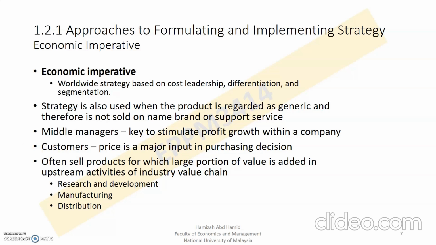Basically, these activities are likely to cost more for the company, and most of them are expensed in the early part of the industry value chain.